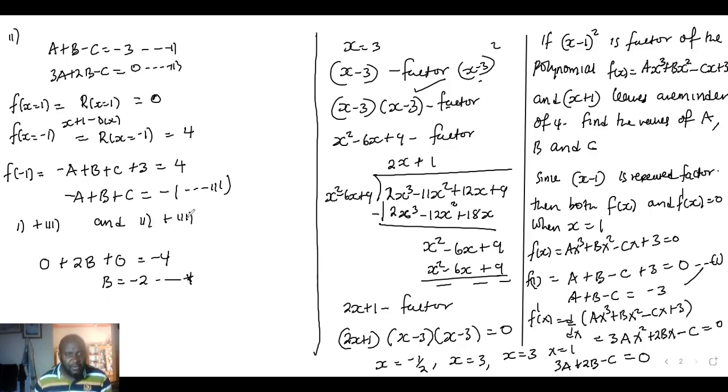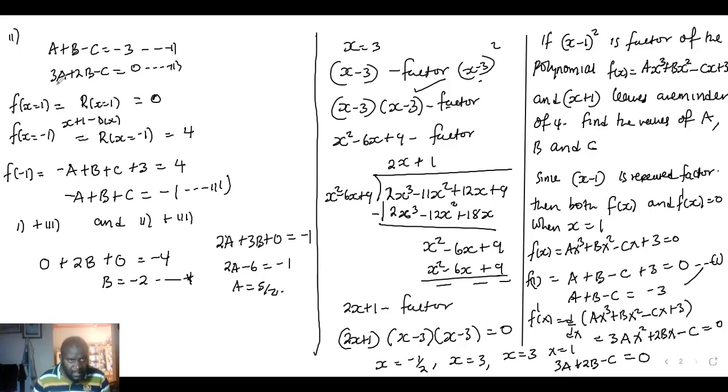Then come here and add Roman 2 and Roman 3. Roman 2 and Roman 3, I'll get 2A plus 3B plus 0C's is equal to negative 1. I've already got the B, so 2A minus 6 is equal to negative 1. A is equal to 5 over 2.